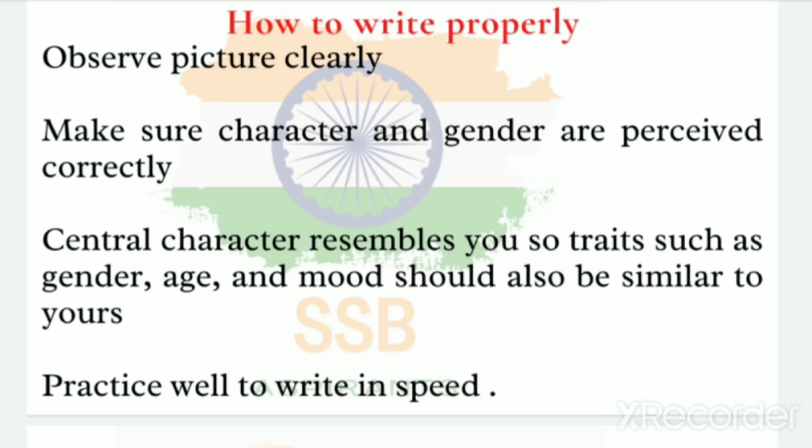Sometimes it happens that a picture or two has only a male character. There, make the male character your hero because you don't have any other character there. You can introduce a character if you want, if the character shown doesn't resemble your gender or age, but make sure that mostly the character you choose is of your gender or age.